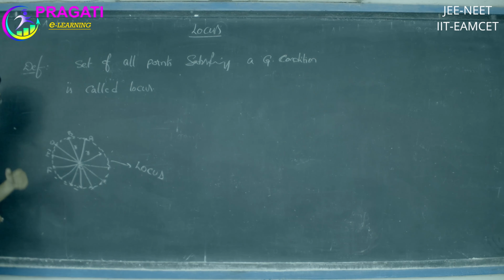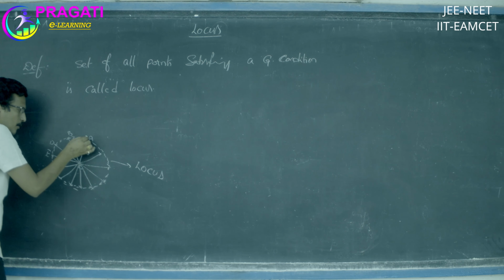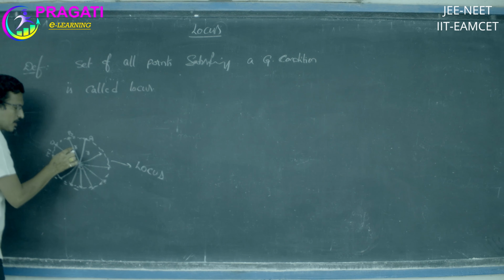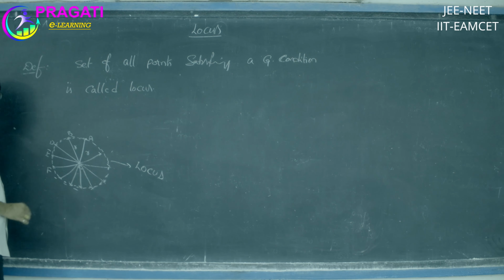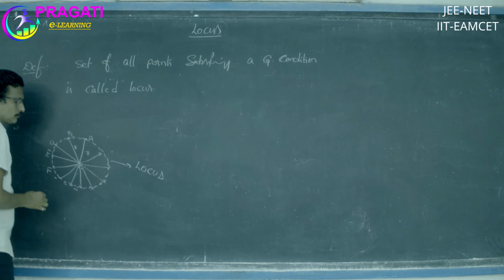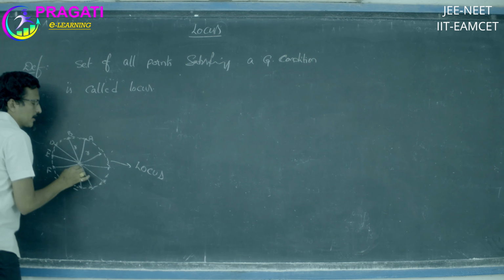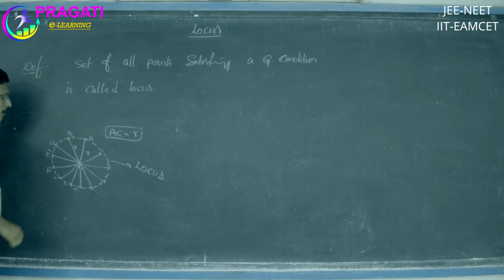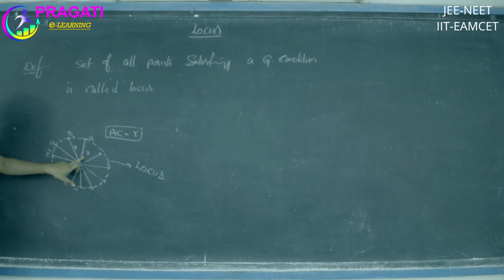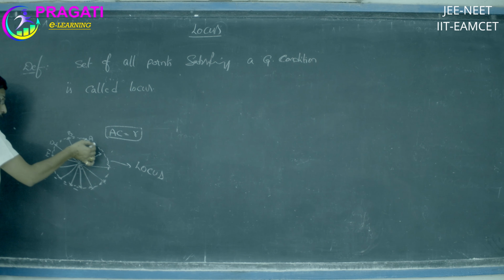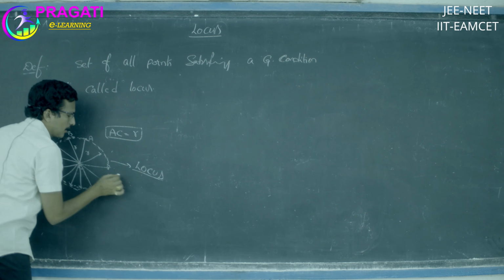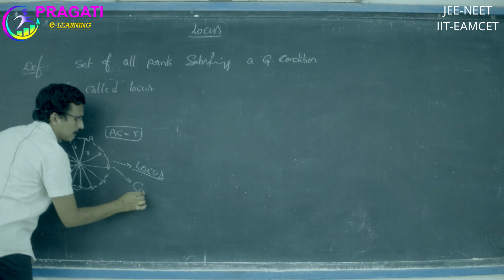What is the geometrical condition? These points are at a distance of r units from C. Suppose the condition is AC equal to r. Here the distance between the 2 points is r. Join the points, they form a locus, and the name of the locus is circle.